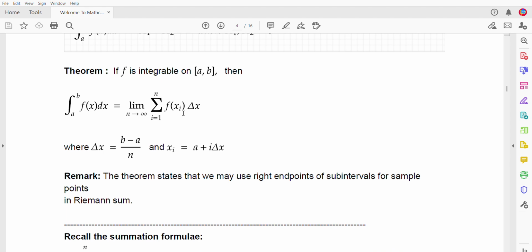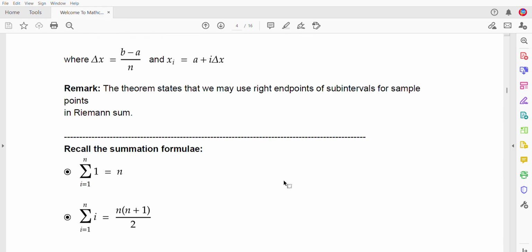That's the width of each subinterval. Notice xi basically is the right hand point of each subinterval. So this theorem states you don't have to choose midpoint or left hand point. You don't have to make such decisions. If you just take the right hand point, it will work just fine.